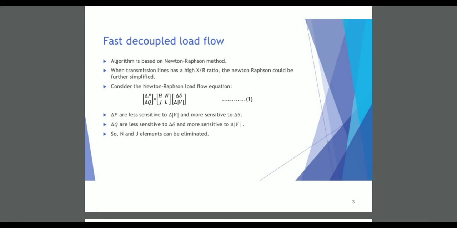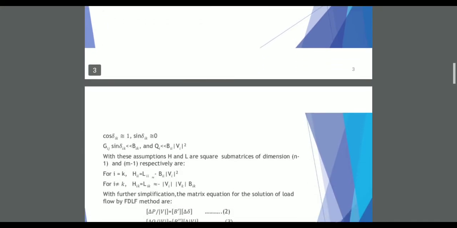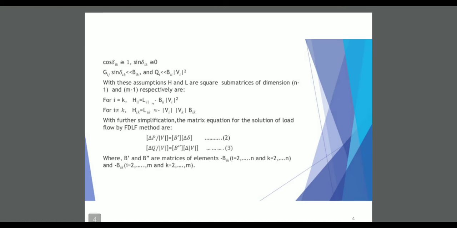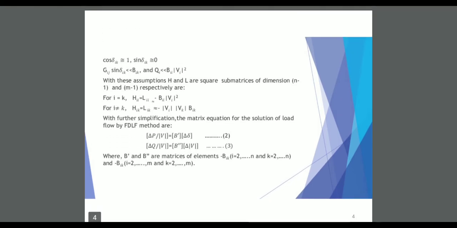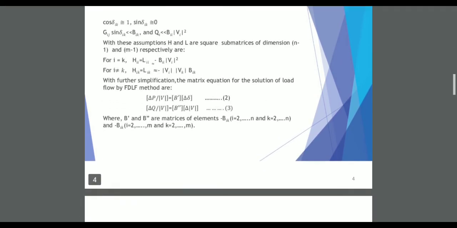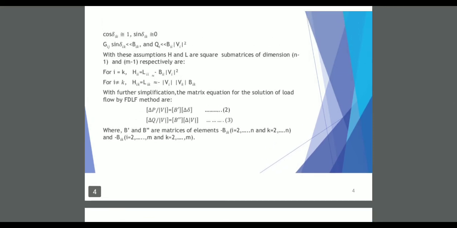In the same fashion, we are using these 4 factors. 2 of them are specified and 2 of them are unknown. By using this fast decoupled load flow method, you are going to get the solution for a given load flow equation. And these are the different equations presented in slide number 4 for the fast decoupled load flow method.